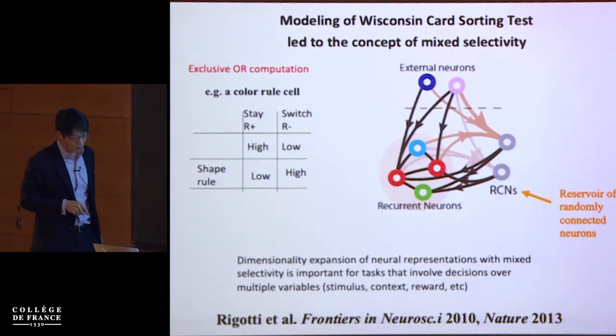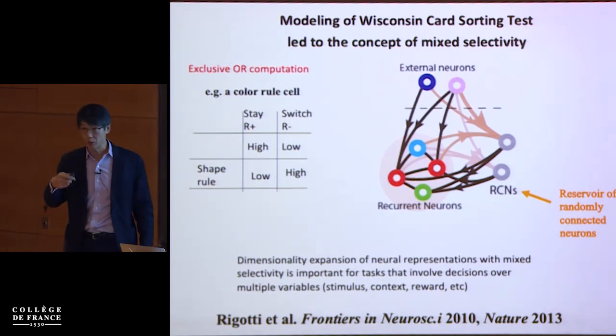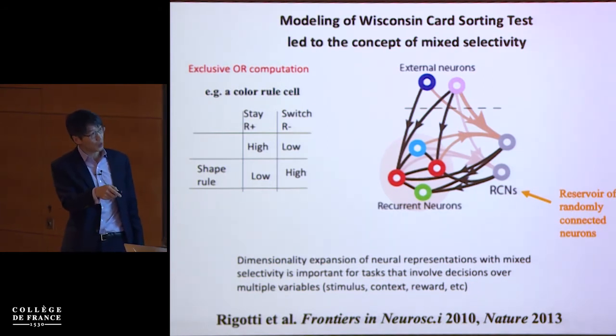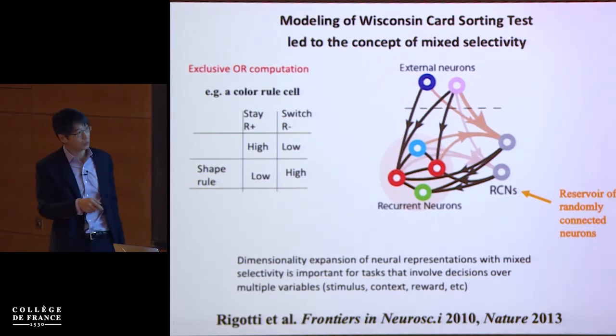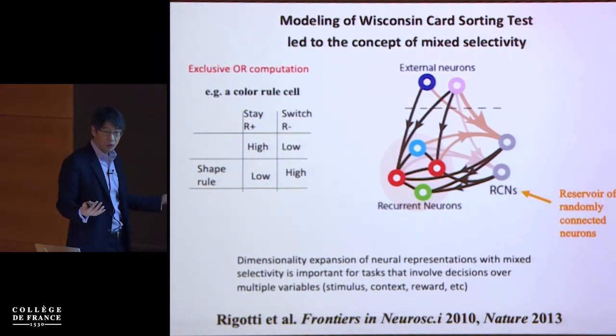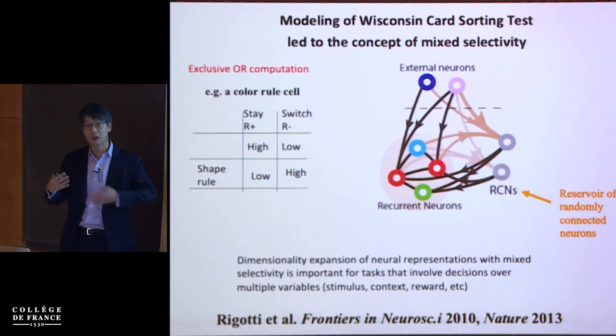And a very simple way to, in the model, generate this what we call mixed selectivity signals is to introduce a reservoir of neurons for which connections are just random. Right? So we call them randomly connected neurons. Because the connections are random, individual units are naturally sensitive to a combination of things.